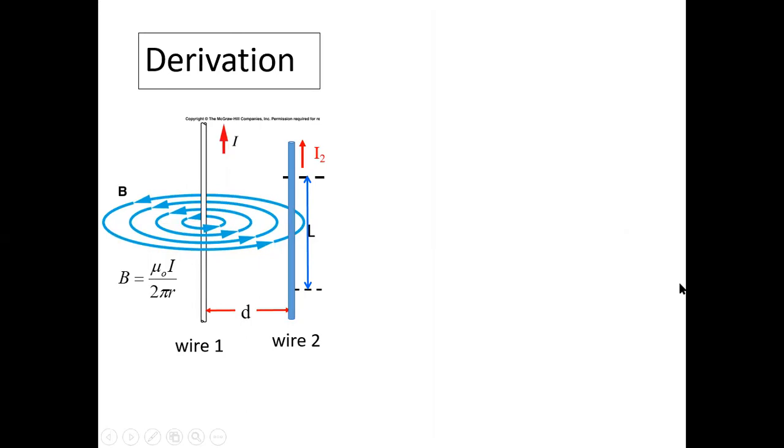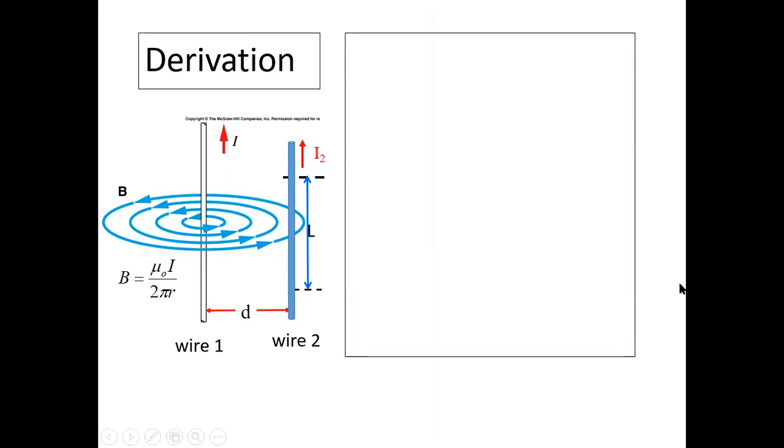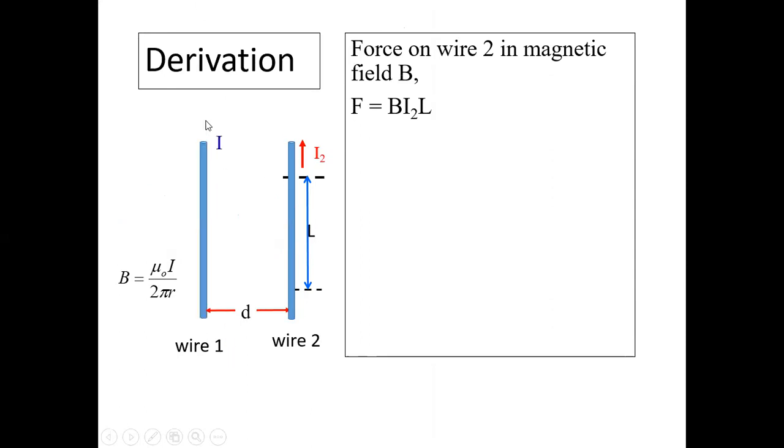Okay, so you can look at 2 dimensions. We are looking at the same thing, the same derivation. We are just showing you can look at 2 dimensions. Force on wire 2 in magnetic field B. Remember, wire 1 is the one that contributes to the field. So we can remove that and put the right hand grip rule.